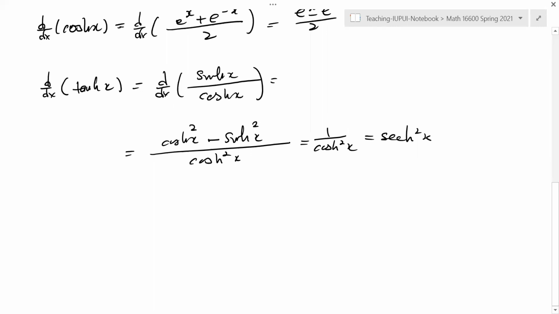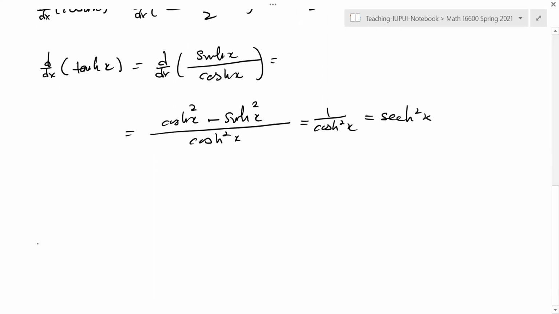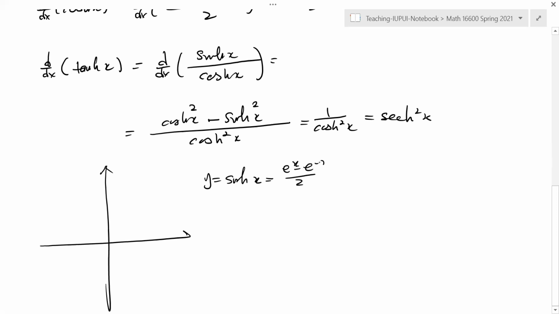Now, how about the inverse? Take a look at the graph of y equals hyperbolic sine x. This function is an odd function. It's harder to draw. When x is negative, it's negative. When x is positive, it's positive.